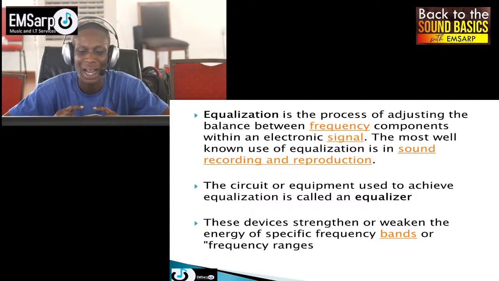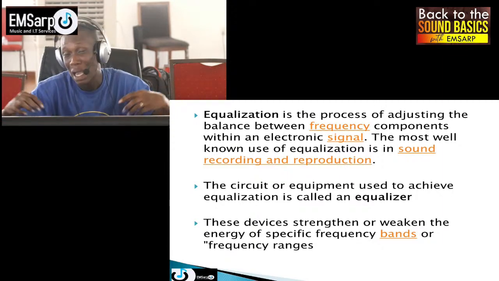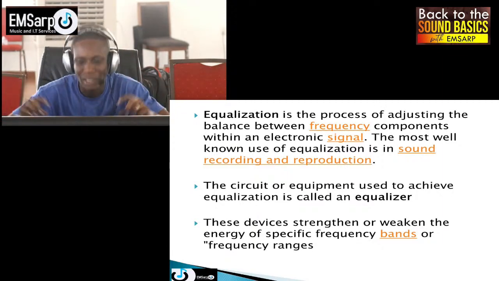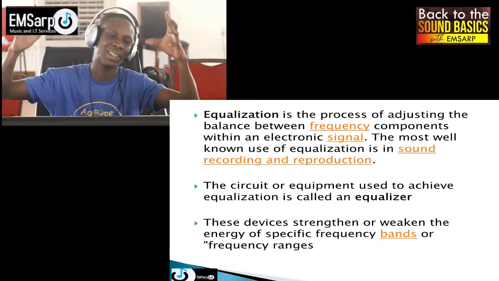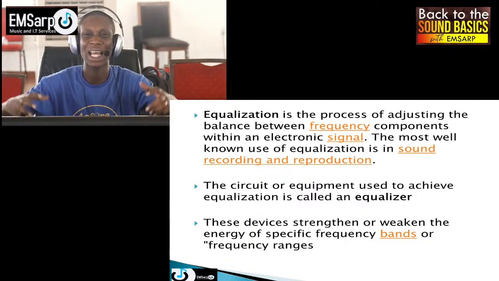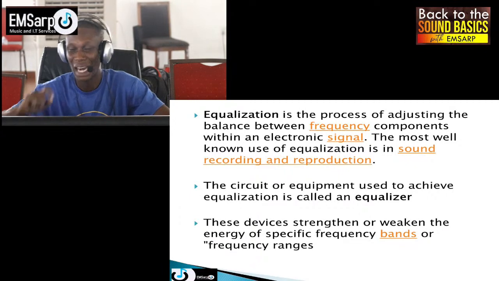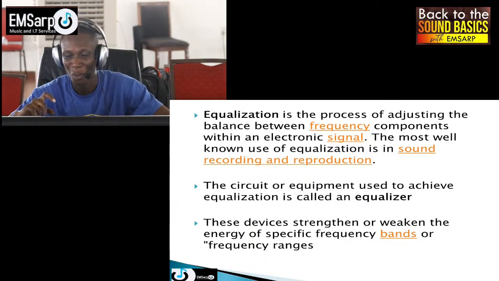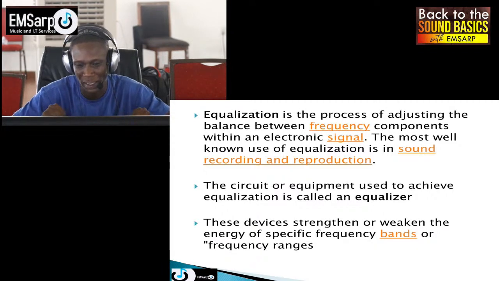If you want to decrease a particular range of frequency within that band, it is the equalizer you use. So they either strengthen, boost, increase, or weaken the energy, the level, the loudness of that particular frequency.